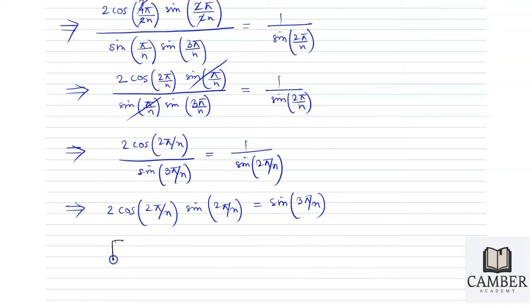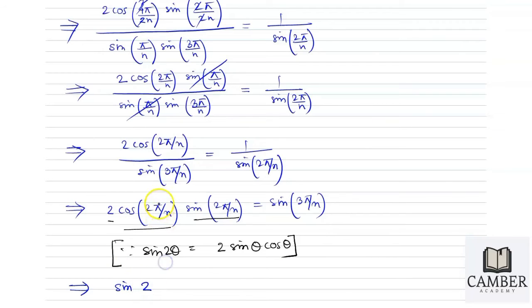We know the formula of sin 2 theta: sin 2 theta is 2 sin theta cos theta. So we can apply this formula here, and write sin 2 theta, where theta is 2 pi by n.